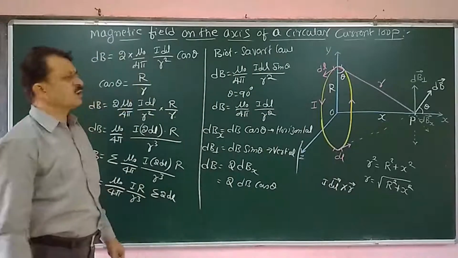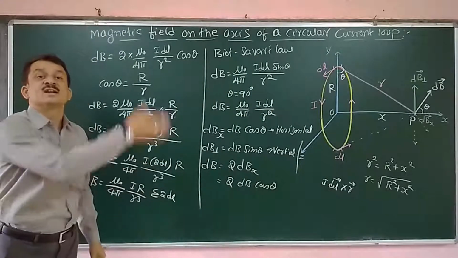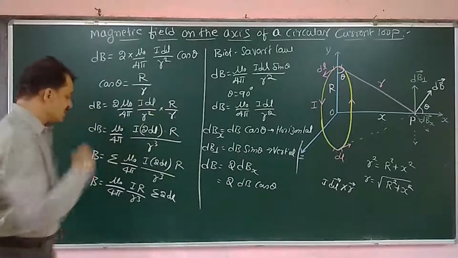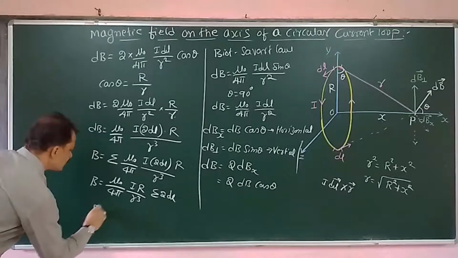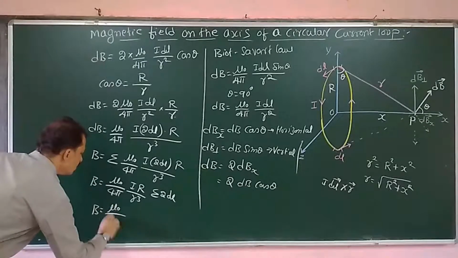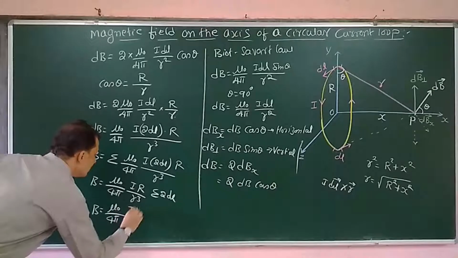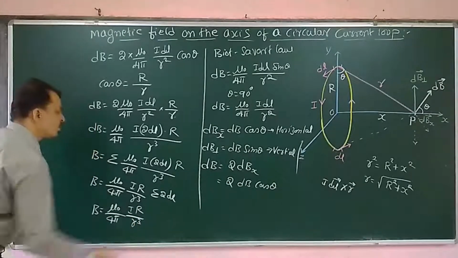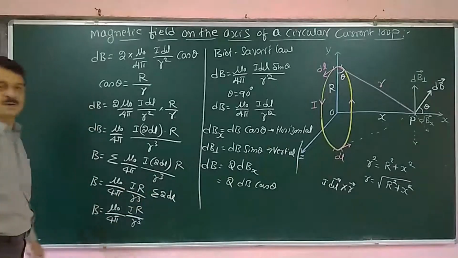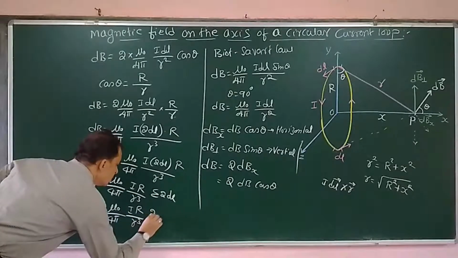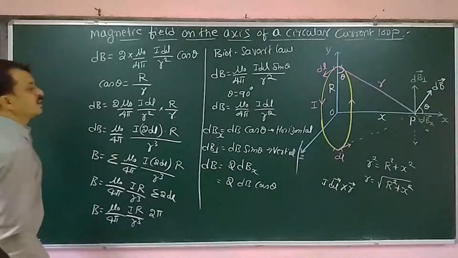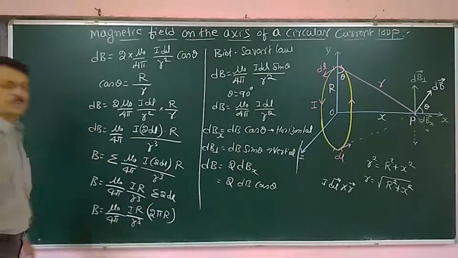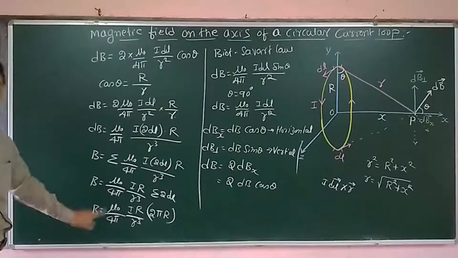The total length of the circular loop is nothing but the circumference of the circle. So the expression becomes mu naught divided by 4 pi I capital R divided by r cube into sigma 2 dl. Sigma 2 dl is nothing but 2 pi R. Circumference of the circle is 2 pi R. Clear?